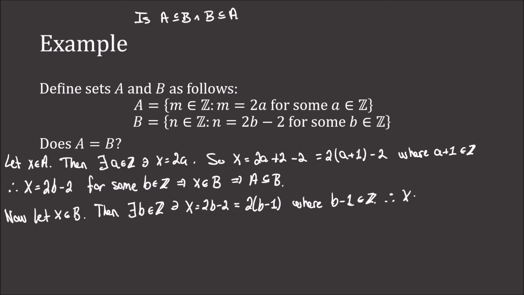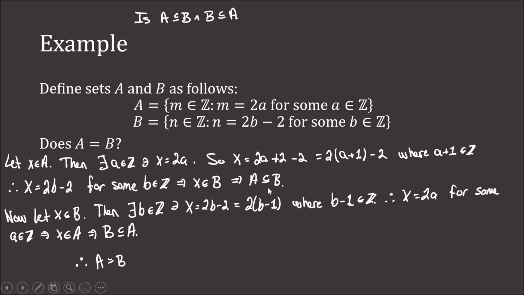So therefore, we can write x as 2 times an integer a, which would mean that x is an element of A, which means that B is a subset of A. Therefore, A is equal to B. Here we showed that A is a subset of B, and here we showed that B is a subset of A. So they must actually be the same set.